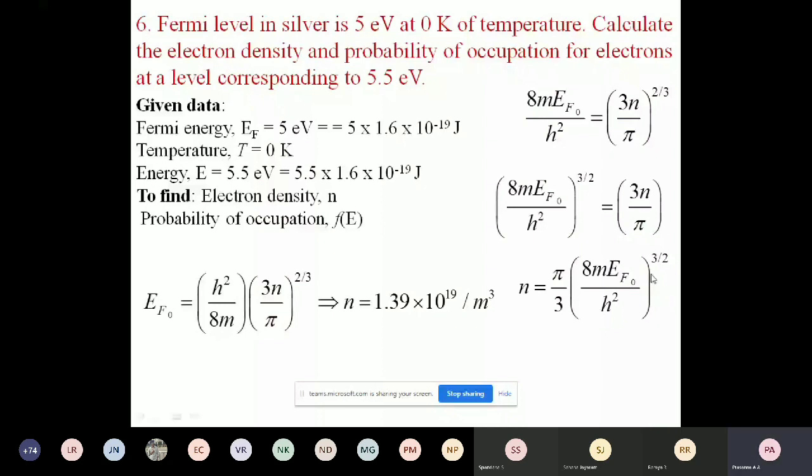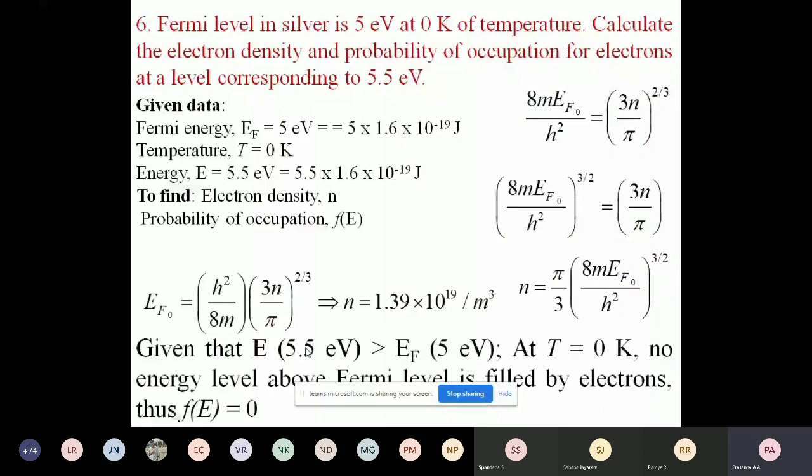And the second part of the problem is to calculate the probability of occupation F of E. Probability of occupation can be calculated, of course, using an equation, but here no need to use the equation because the problem gives you a hint that the energy level is above the Fermi level. You know that at 0 degree Kelvin, any energy level above the Fermi level will not be occupied by the electrons.